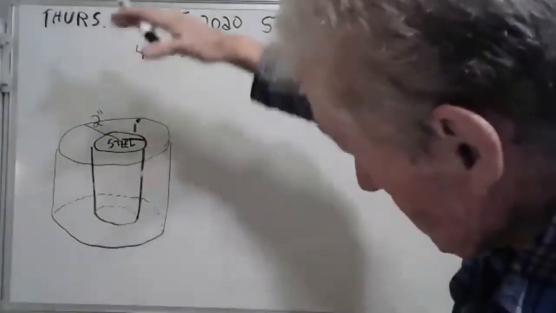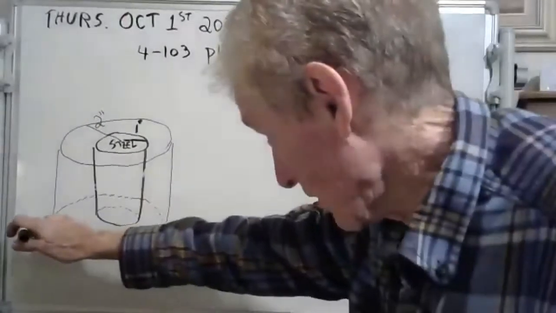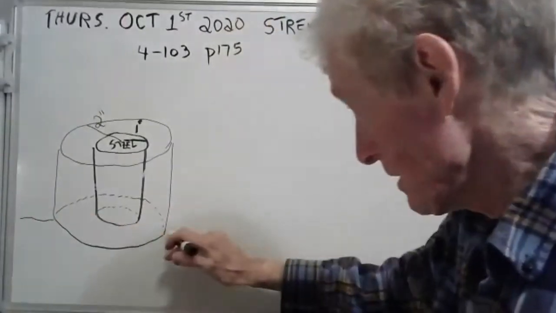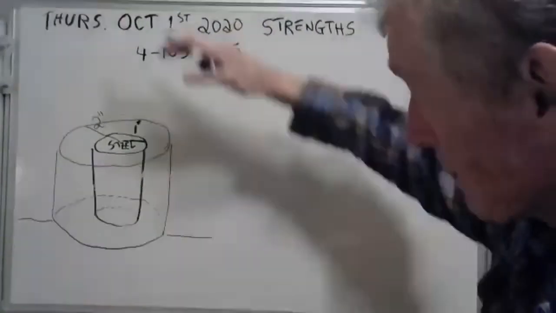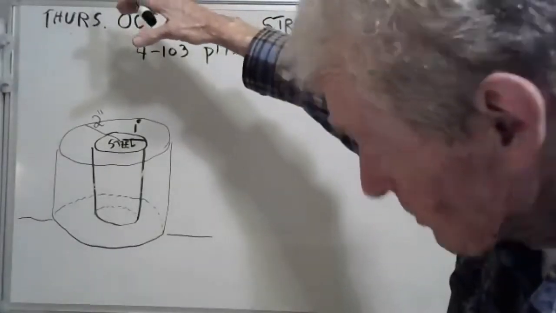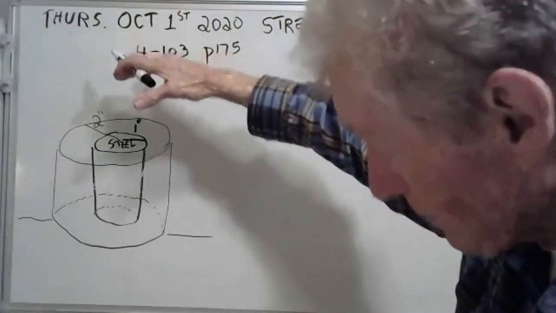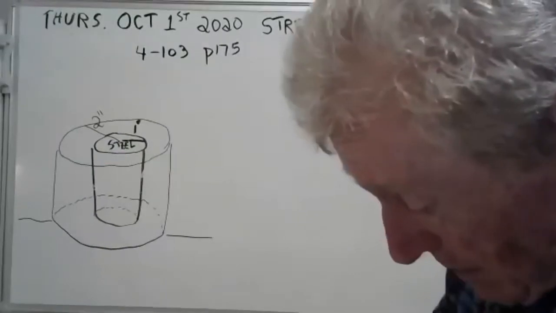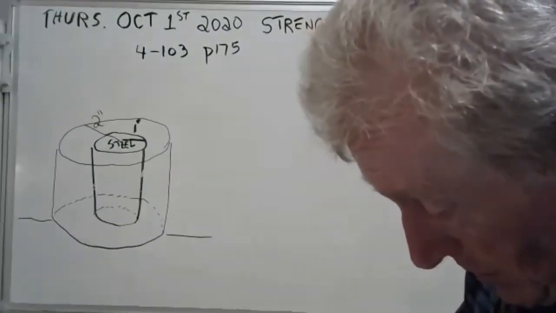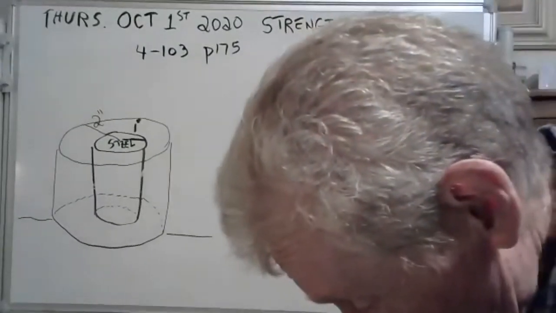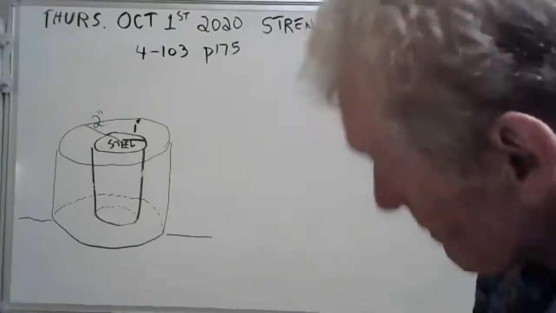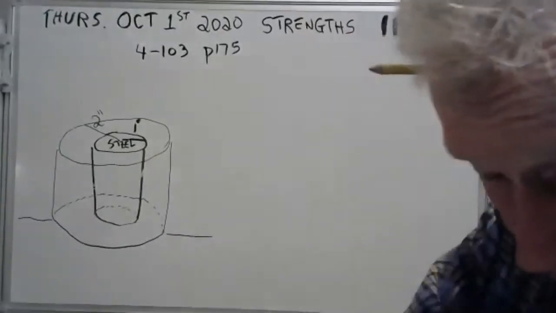And then what they start to do is, this is sitting on the ground. And somebody comes along and gently starts putting a heavy weight on it. Did they tell you how much weight? Yeah, 300 kips. They put 300 kips on it.